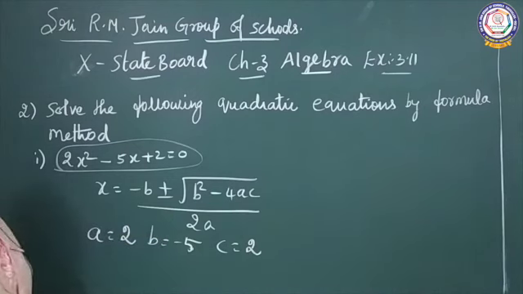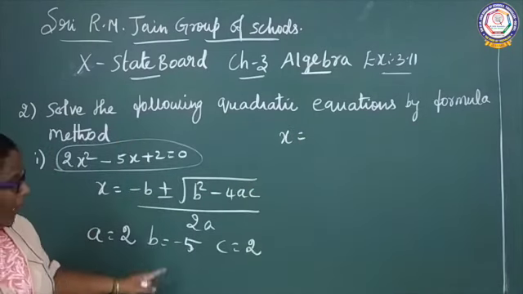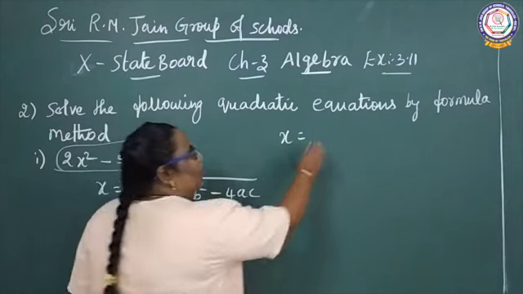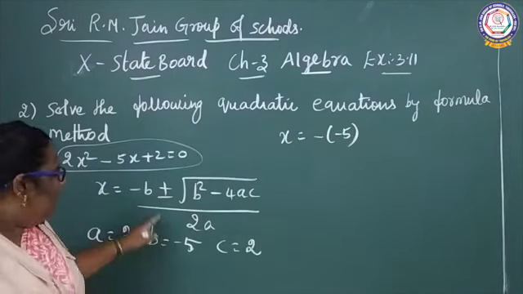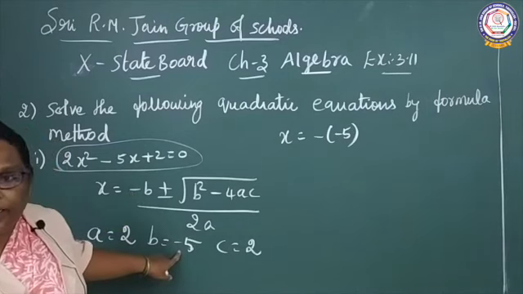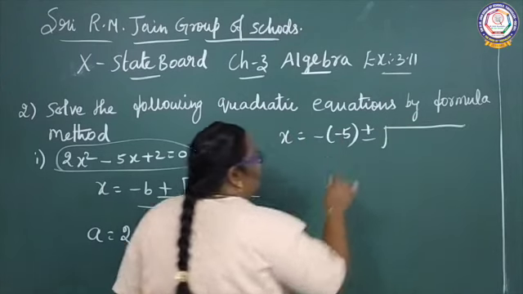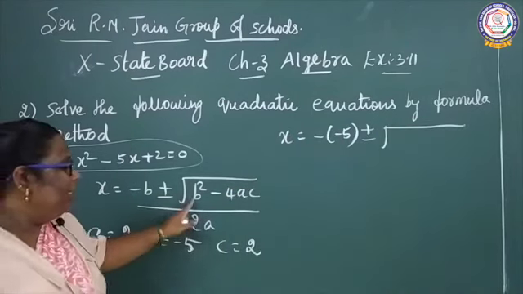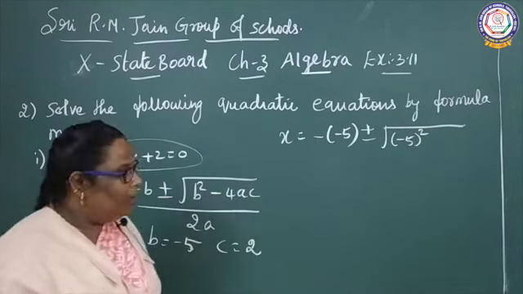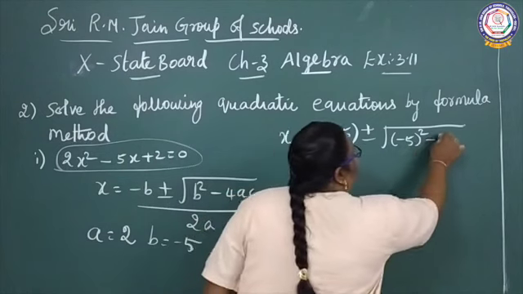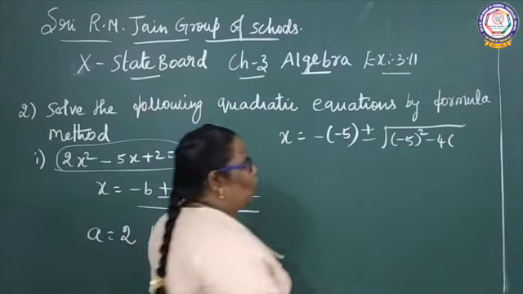Substitute in the equation. x equal to minus b. Minus b, already one minus is there. Minus into minus 5, plus or minus root of b square, minus 5 the whole square, minus 4 into, what is the value of a? 2.